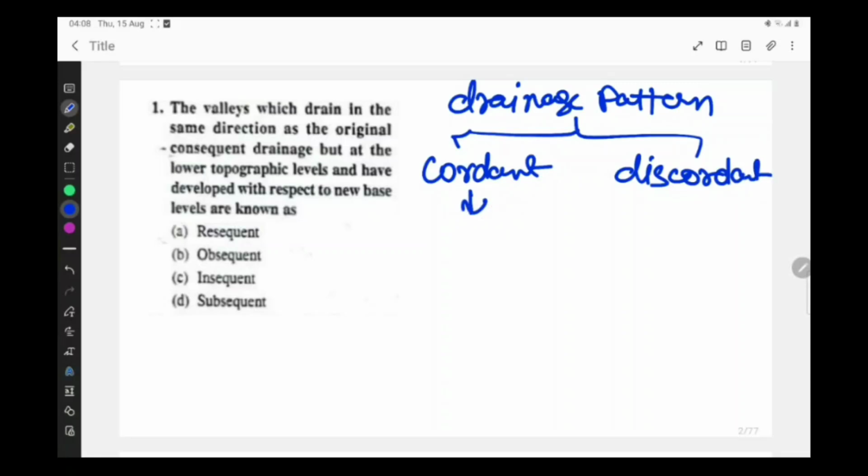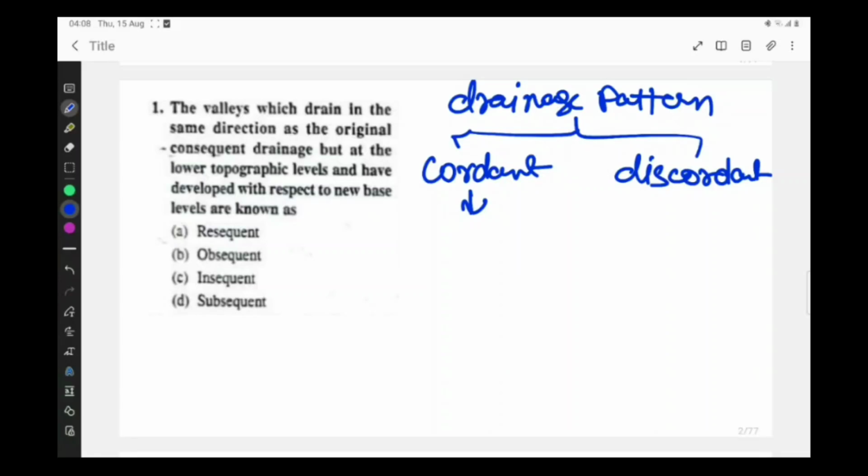Concordant drainage pattern means those drainage patterns which primarily follow the geology or the geography of that particular place. All those river basins which follow the geology or the natural slope of that region are considered to be concordant type of drainage patterns.